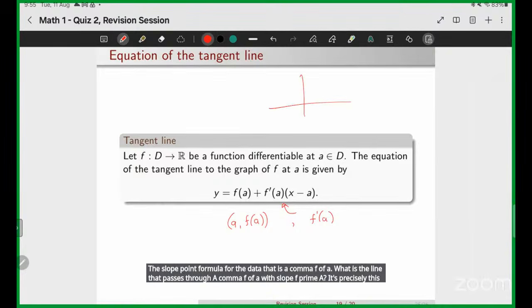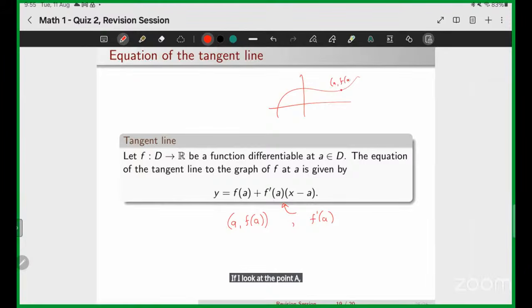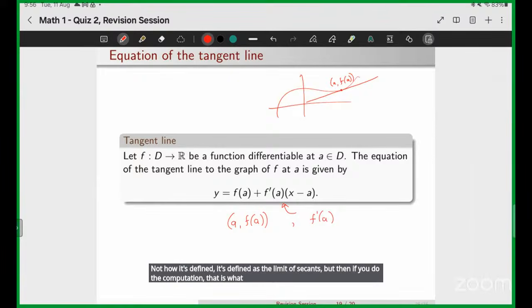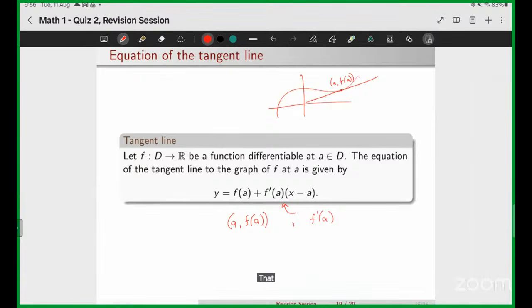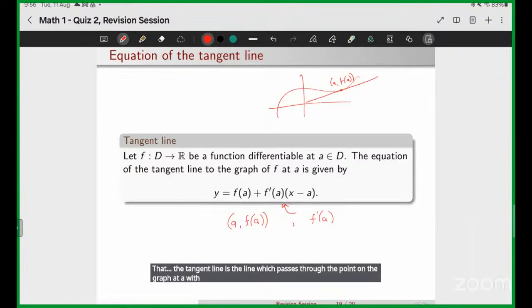Graphically, if I look at the point a comma f of a, the tangent is the line whose slope is equal to the derivative. That's not how it's defined. It's defined as the limit of secants, but if you do the computation, that is what you'll get: the tangent line is the line which passes through the point on the graph at a with slope equal to f prime a. This is the equation of the tangent line.